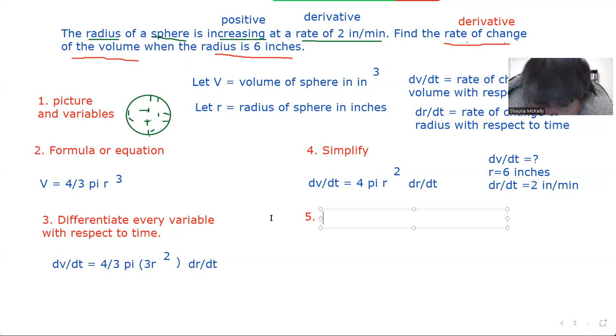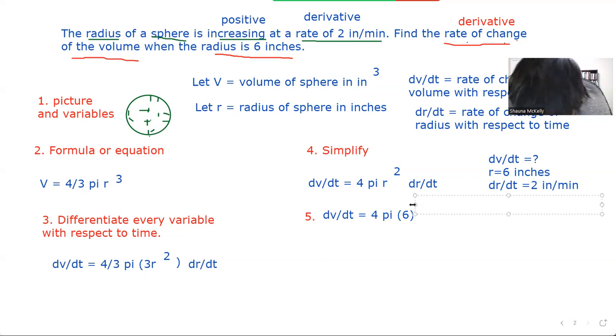So you have dV/dt is equal to 4 pi, r, remember, is 6 squared, and dr/dt is 2.